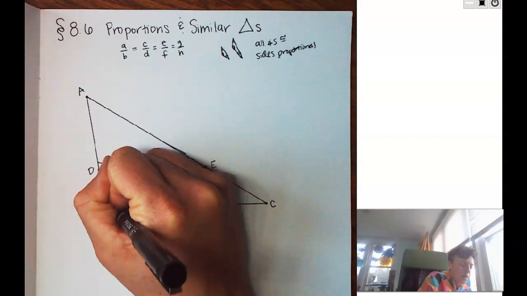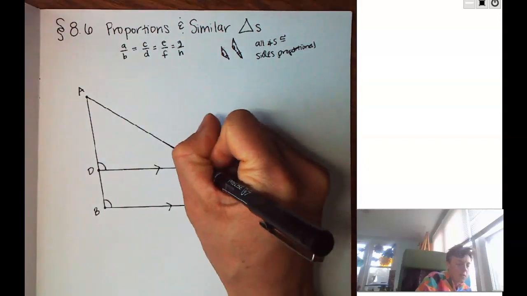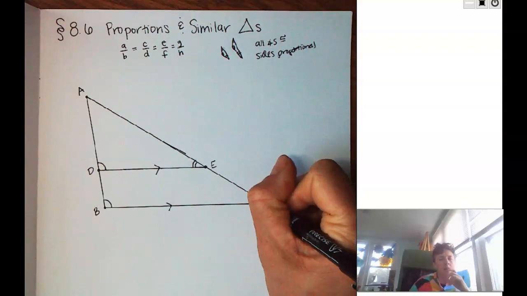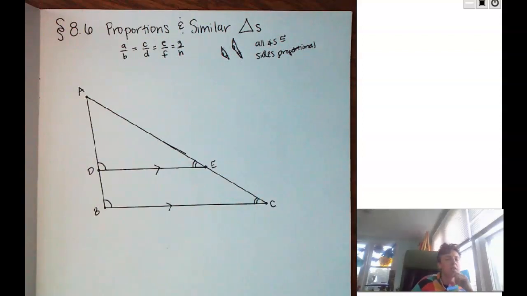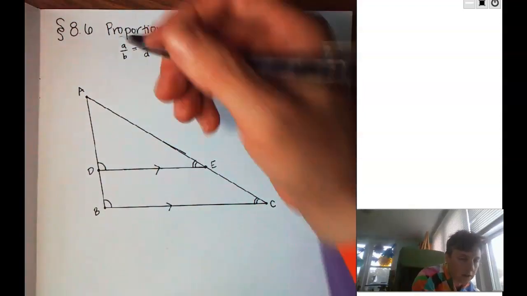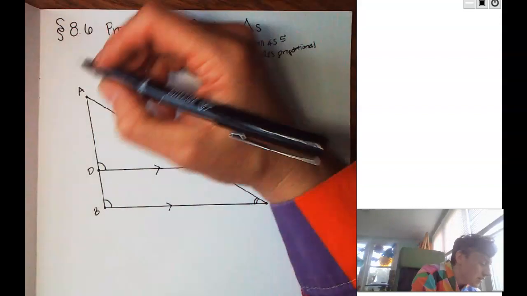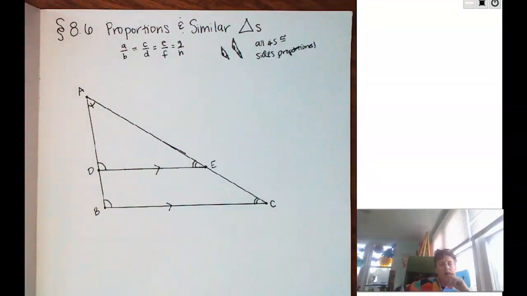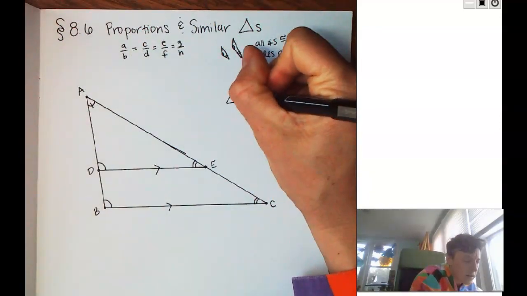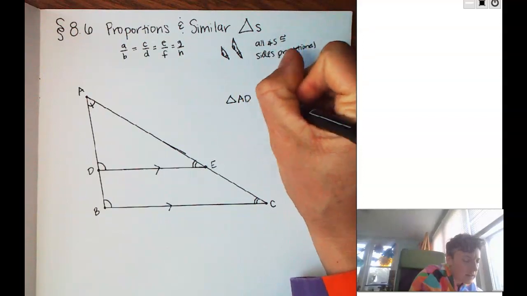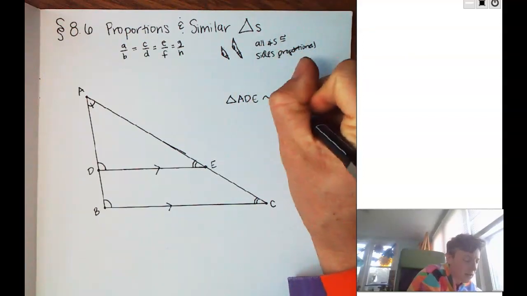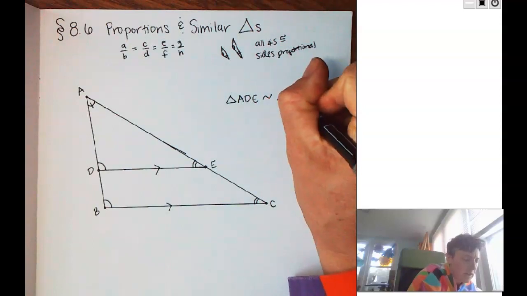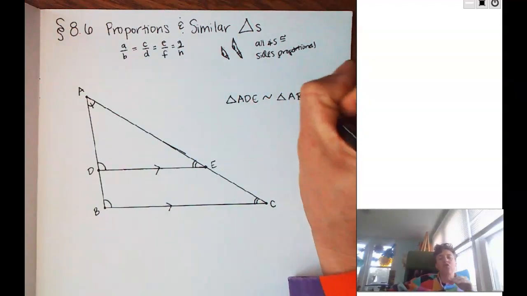So I actually already have 2 angles that are congruent, but I get that third angle very easily by seeing that both of these triangles share angle A. Boom, 2 similar triangles. Triangle ADE is similar to triangle ABC, just like that.